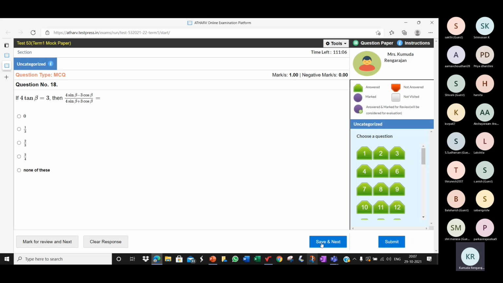Again divide every term in the denominator by cos beta, so you'll get 4 tan beta plus 3. So 4 tan beta minus 3 by 4 tan beta plus 3. 4 tan beta is 3, as given to us. So 3 minus 3 by 3 plus 3. So 0 by 6, which is 0.